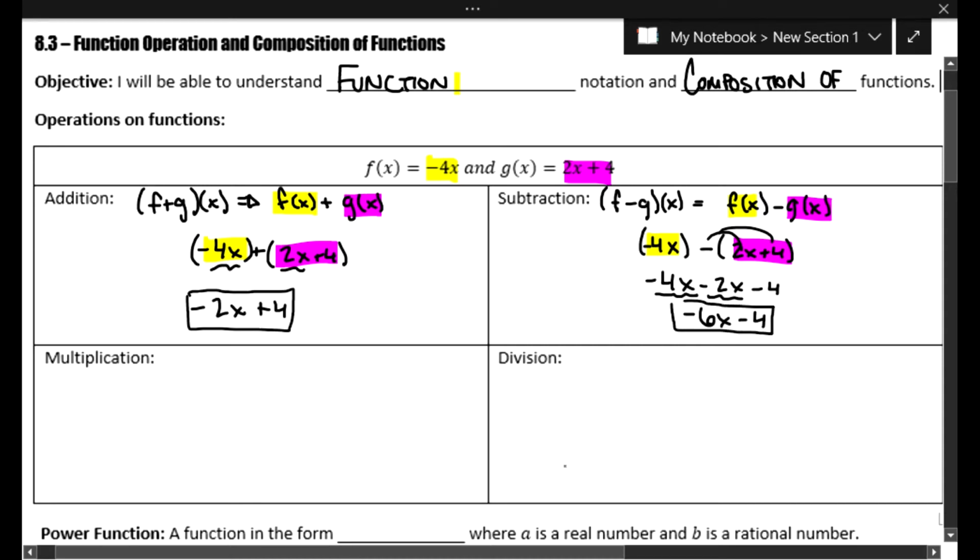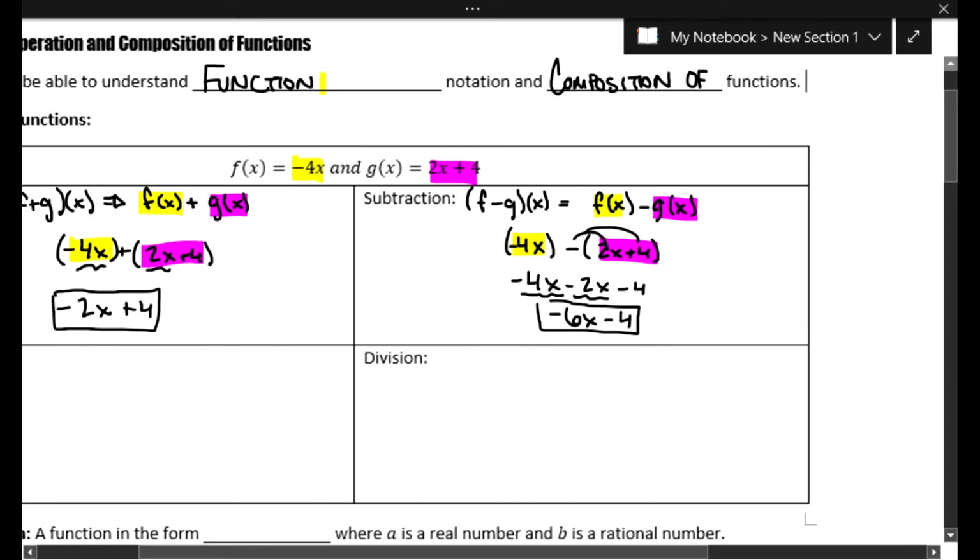I do want you to notice, you don't have to write this down if you don't want to, but if the notation they gave us was g minus f of x, it would be backwards. We would take the g of x function and subtract the f of x function, and that would be different. It would be 2x plus 4, and we would subtract the negative 4x, which would mean that this would become a positive.